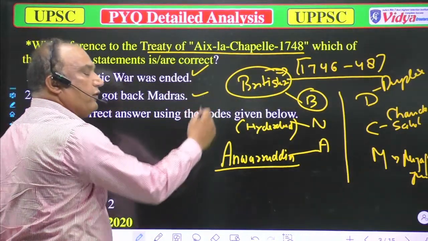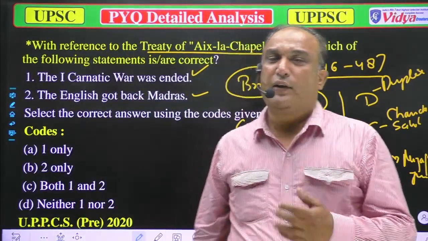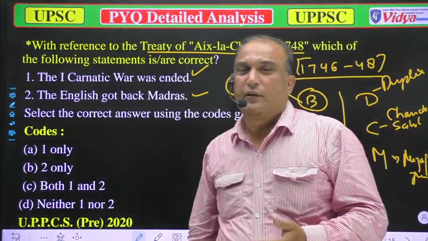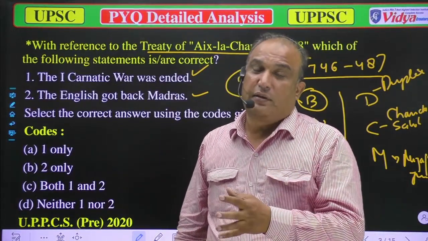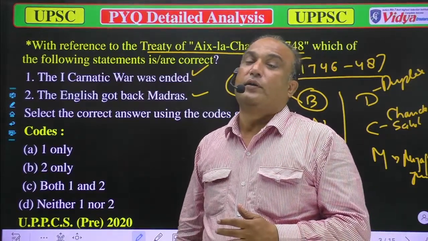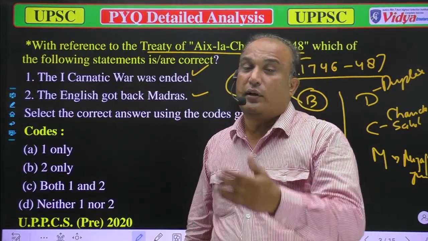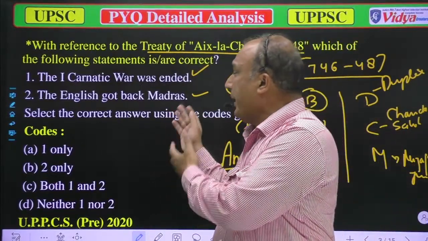What happened in the first Karnataka War? As the Britishers tried to seize Pondicherry, at that time Dupleix seized Madras with his troops and his naval power. So the Britishers had to give up Pondicherry to get back Madras.